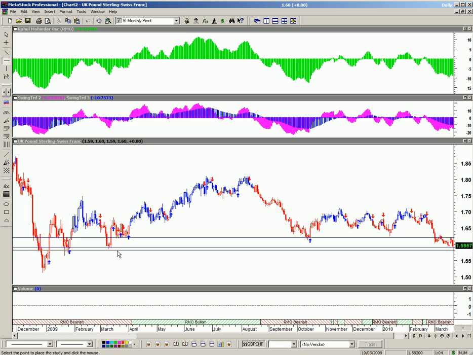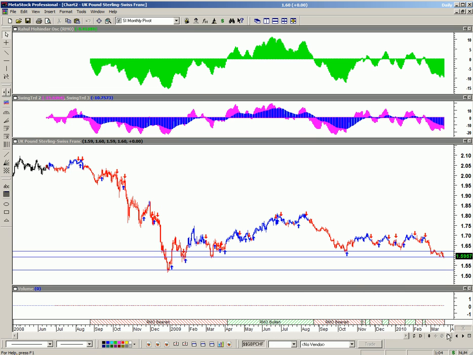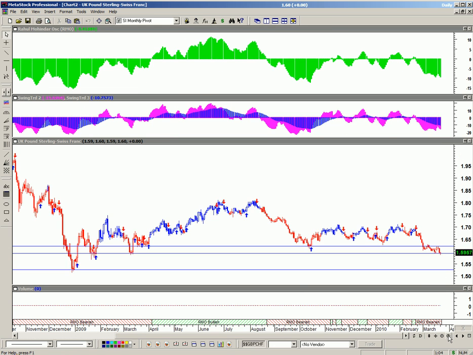If this pair was to continue this bearish trend, we would obviously like it to break below this area over here, and our next target will probably be the all-time low around that area. So it's important to have these lines drawn in.